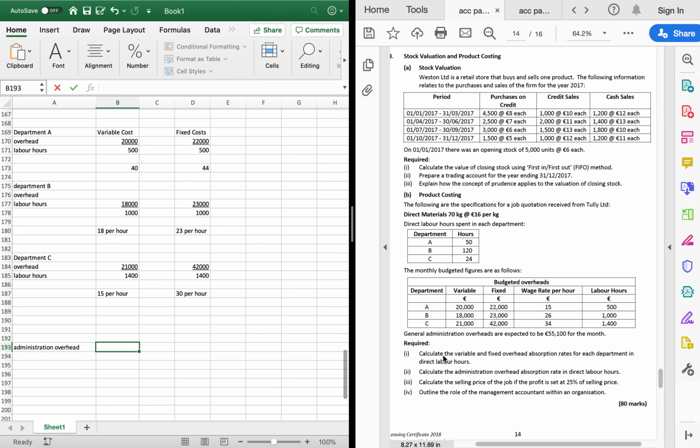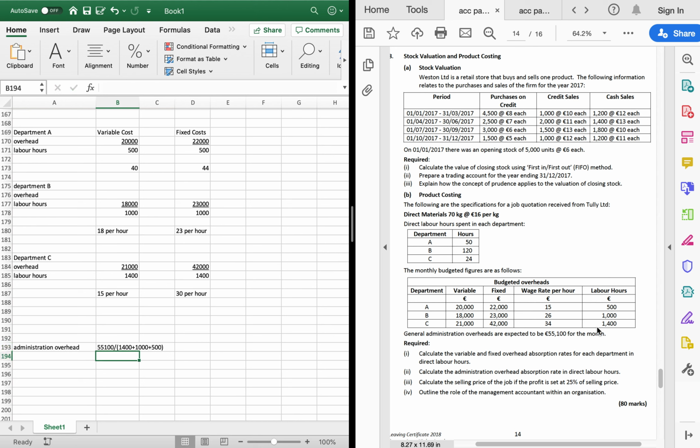So to work out what their overhead is per hour, you have to divide by the total number of hours in the business. In this case, the administration overhead is 55,100, and we divide that by the total number of hours. So it's divided by 1,400 plus 1,000 plus 500, the three of them added together.